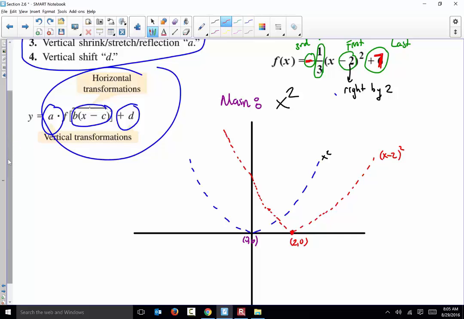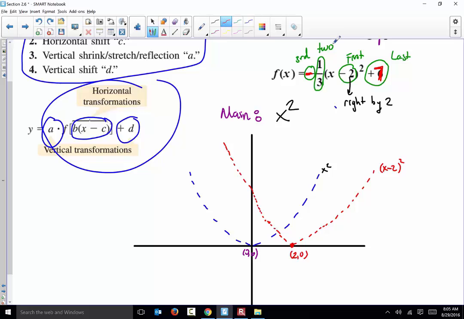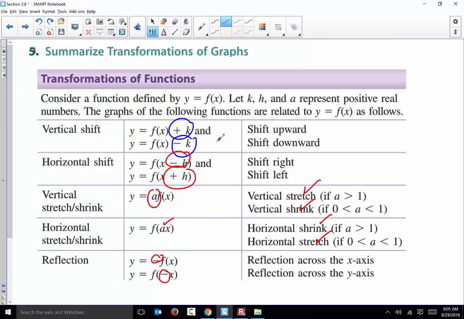What is the second transformation? Who can explain it? If you are confused or have no clue, check out this one. It's 1/3 x minus 2 squared. We are doing this one. Which one in the list explains what happens to 1/3 times the main function?